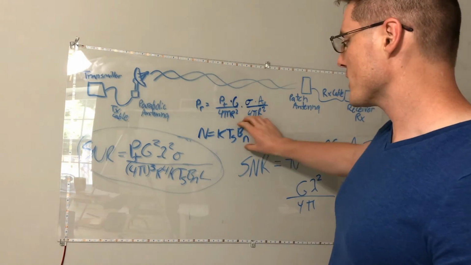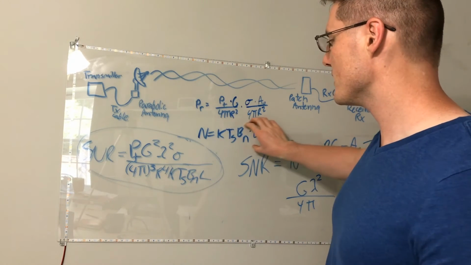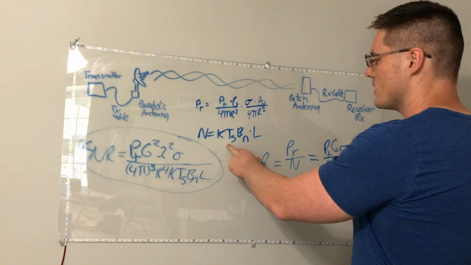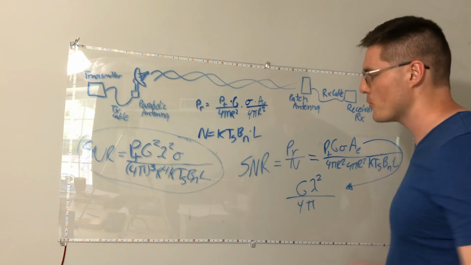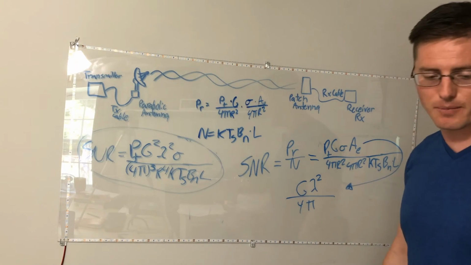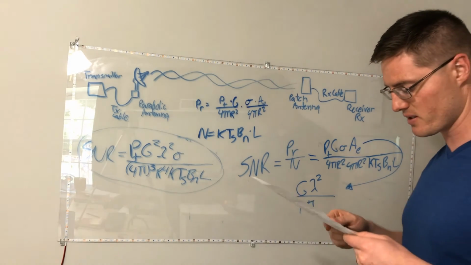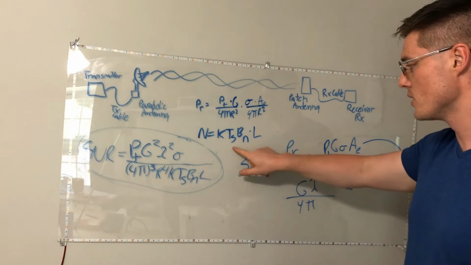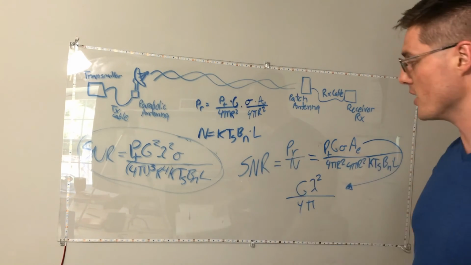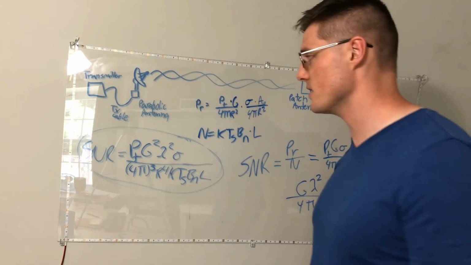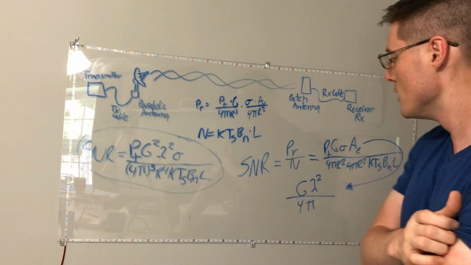But we left off looking at the bottom, or the divisor. And essentially what we came up with was the Boltzmann constant. We talked about the temperature associated with the system, or the system noise temperature. We talked about the noise bandwidth and the total losses inherent in the system itself.